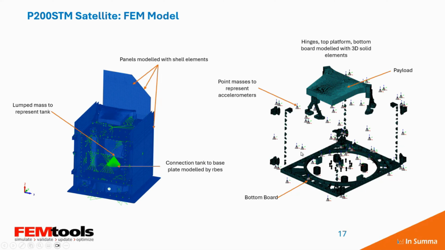On the right-hand side, we also have point masses to represent accelerometers. And then we have hinges, the top platform, and the bottom board modeled with 3D solid elements as well. And then here we also have the payload.